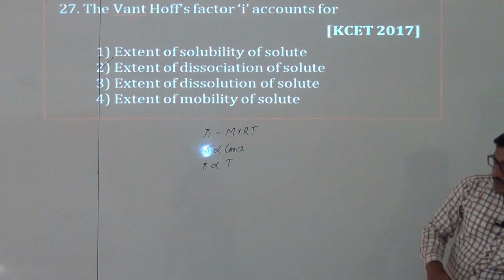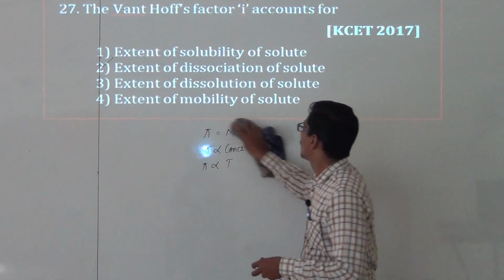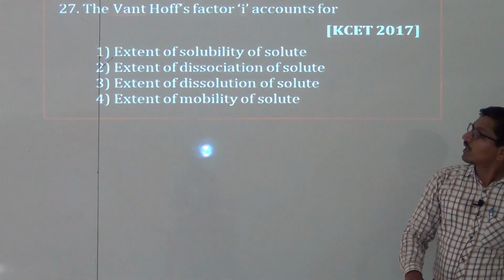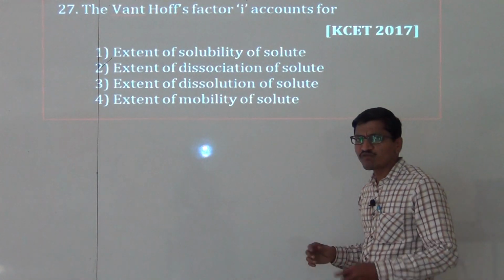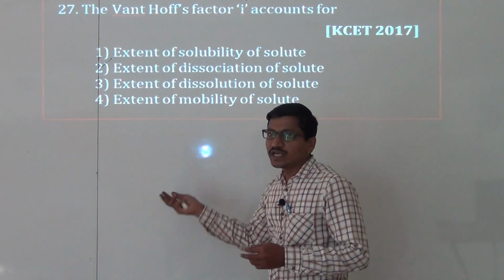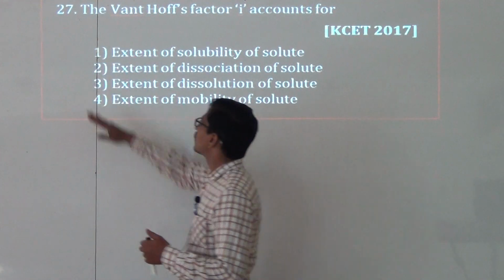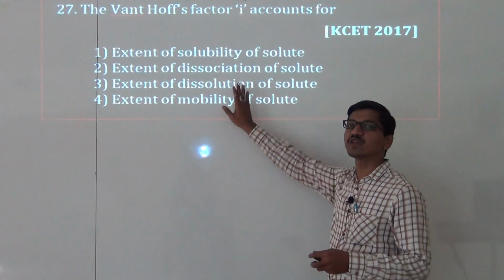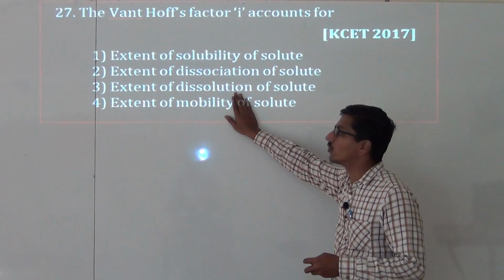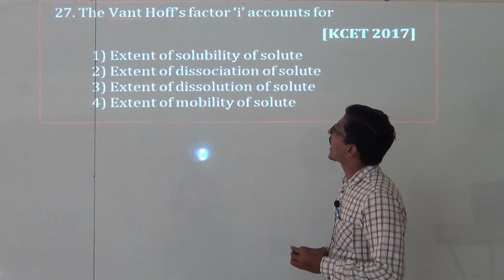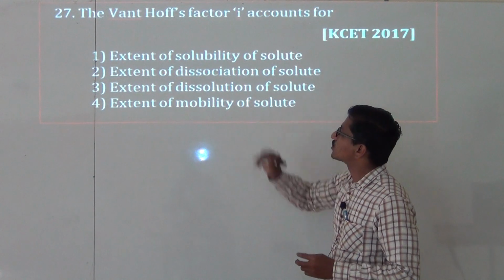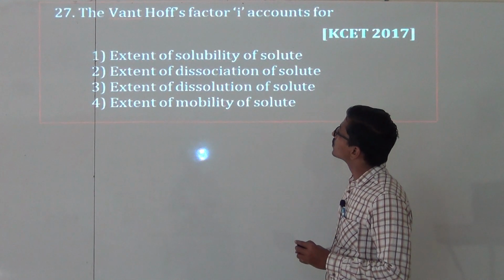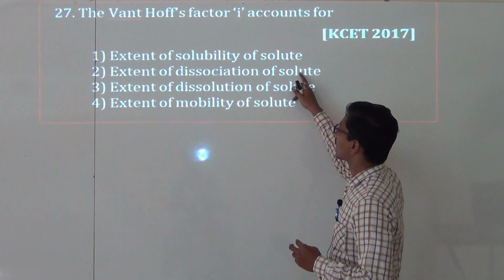Next question is, the van't Hoff factor i accounts for. Van't Hoff factor is extent of association or extent of dissociation. Association ಅಥವಾ dissociation ಆದರಷ್ಟೇ van't Hoff factor define ಮಾಡಬಹುದು. In these, the extent of solubility, this is not the correct answer. Extent of dissociation, this is the correct option.